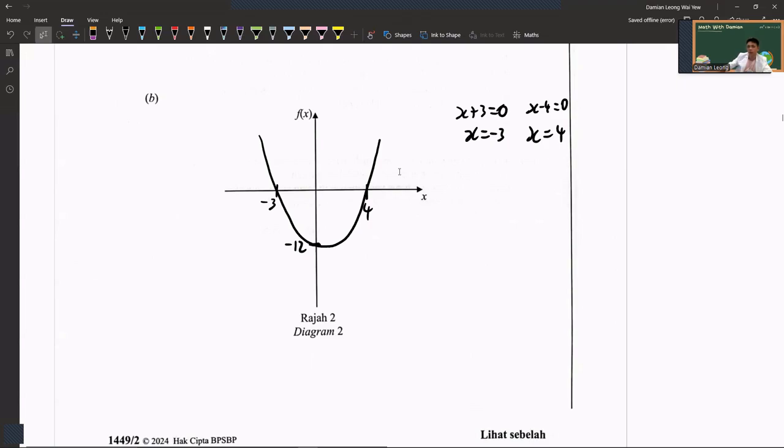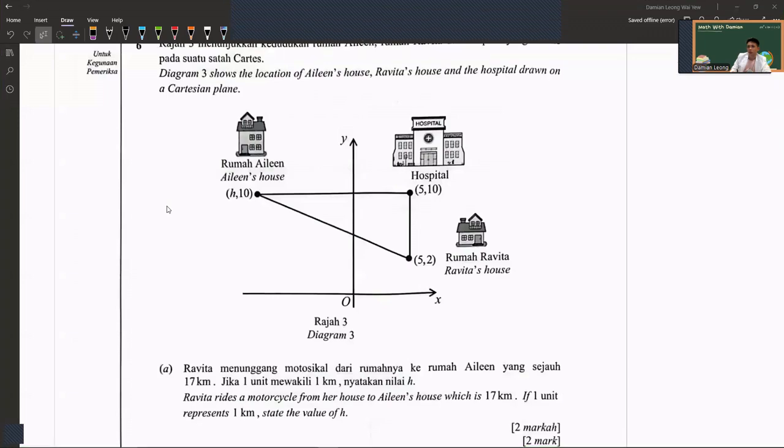Then we look at question 6. Diagram 3 shows the location of Eileen's house, Ravita's house, and the hospital drawn on the Cartesian plane. Ravita rides a motorcycle from her house to Eileen's house, which is 17 km. If 1 unit represents 1 km, state the value of h.